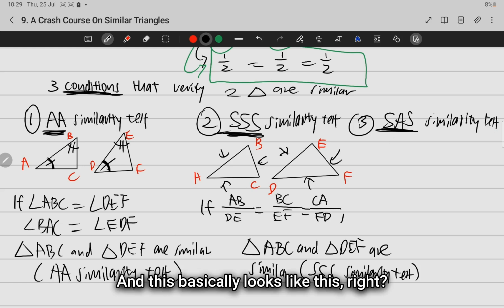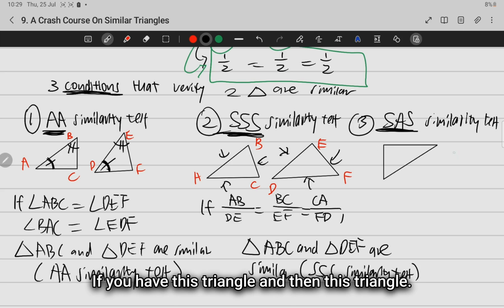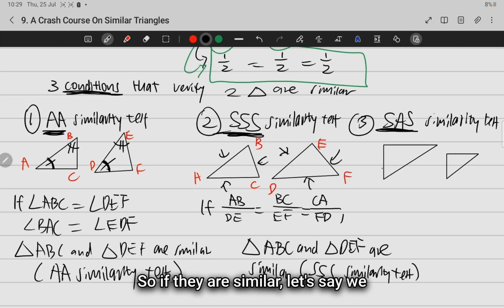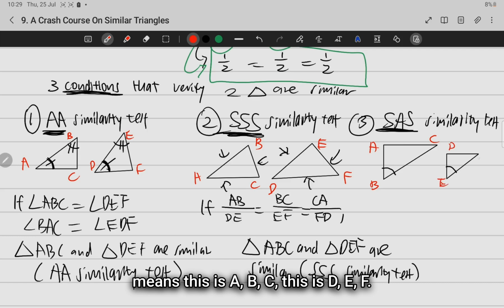And this basically looks like this, right? If you have this triangle and then this triangle. If they are similar, let's say we have this angle over here, that means this is ABC, this is DEF.